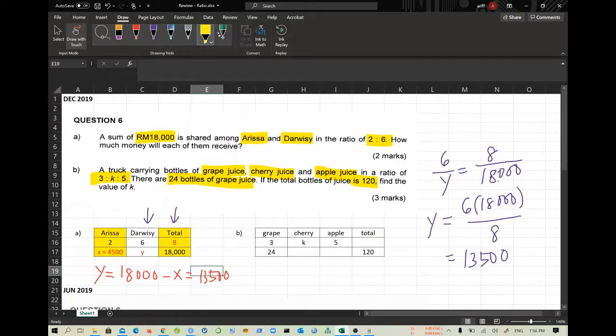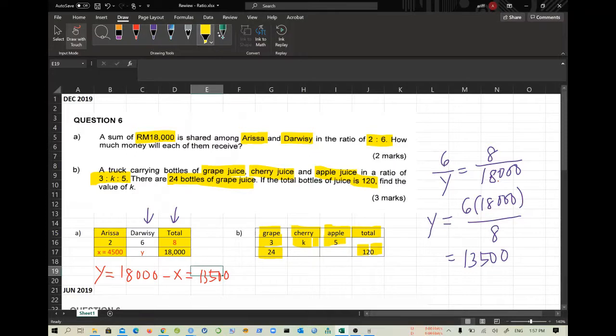So you have 3 items, grape, cherry, apple, and lastly the total. They give you the ratio 3, k and 5. You know that grape has 24 bottles and the total bottles for grape, cherry and apple add up to 120.